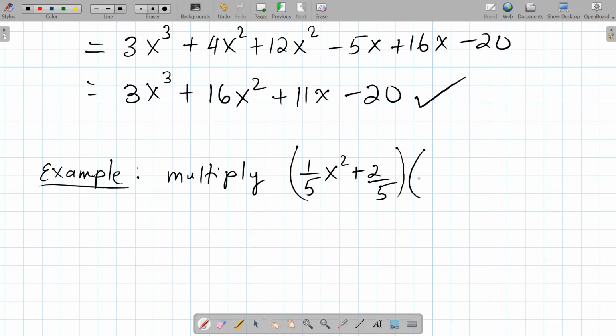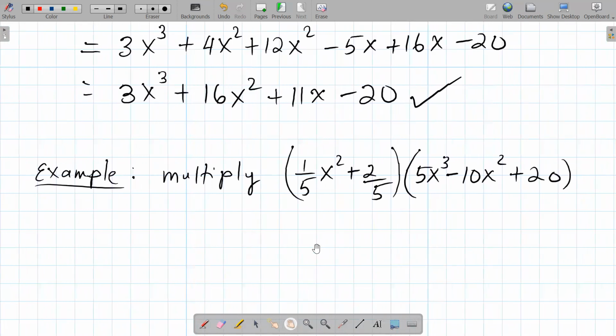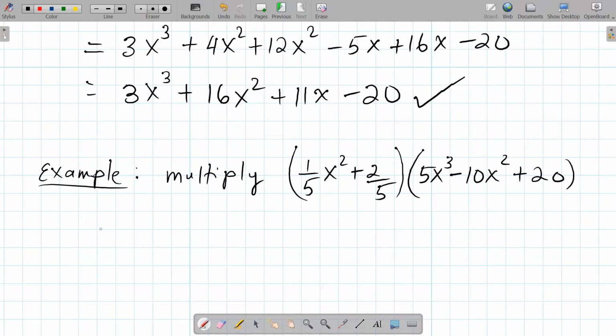And then multiplying 5x cubed minus 10x squared plus 20. Same idea. The 1 over 5x squared will multiply every term here.